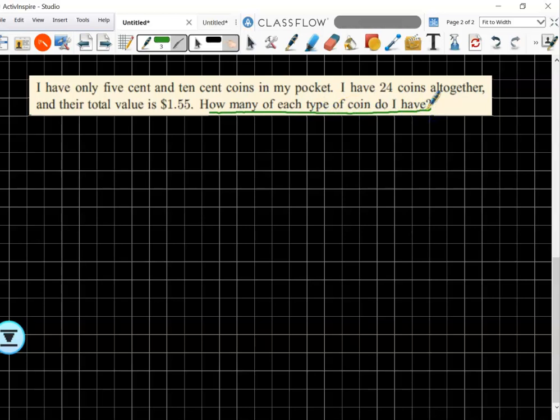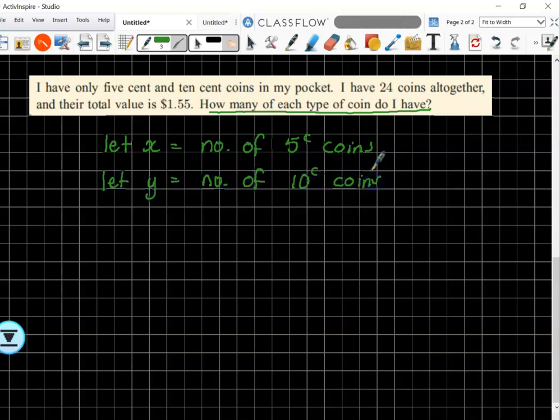And so that's where we will say, let X equal the number of 5 cent coins. And therefore, let Y equal the number of 10 cent coins. Because if you've got that in your head, I believe most of the rest are reasonably easy.